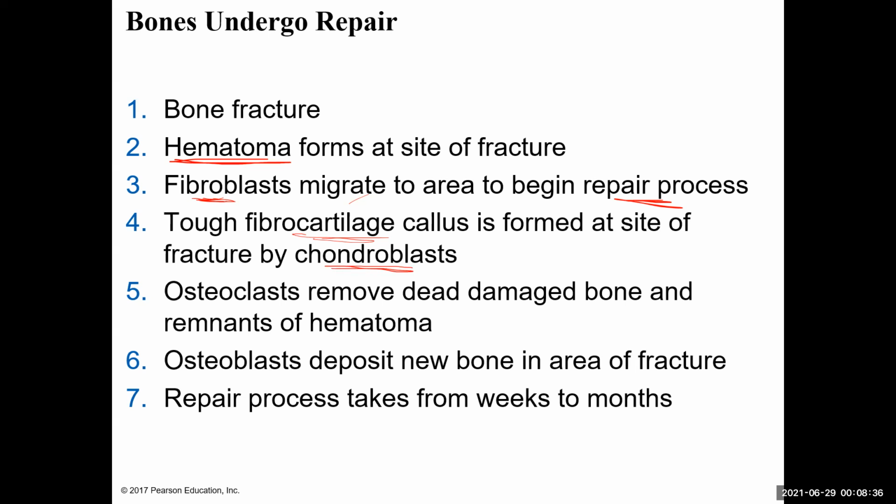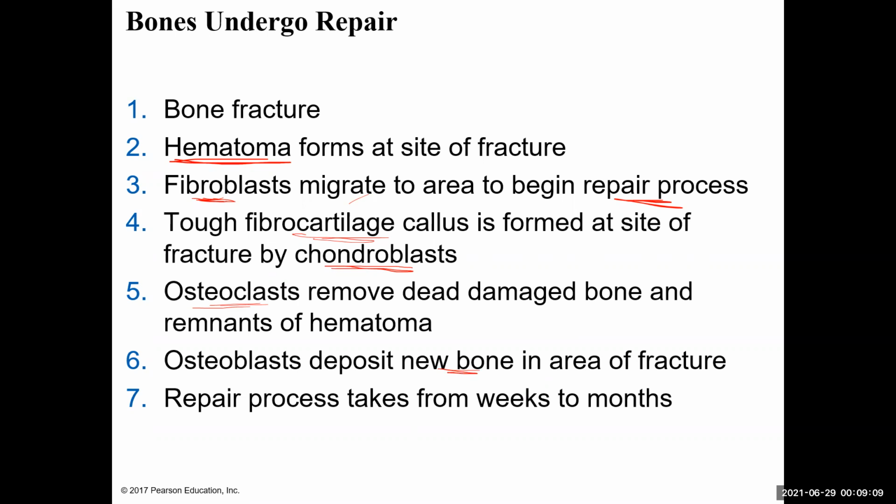Once that fibrocartilage callus is formed, you then have osteoclasts come in and remove any damaged bone that is in the area that's dead, not functioning anymore, and just needs to be removed. Once that happens, then osteoblasts will come in and they'll replace that cartilaginous callus with new bone in the area of that fracture.